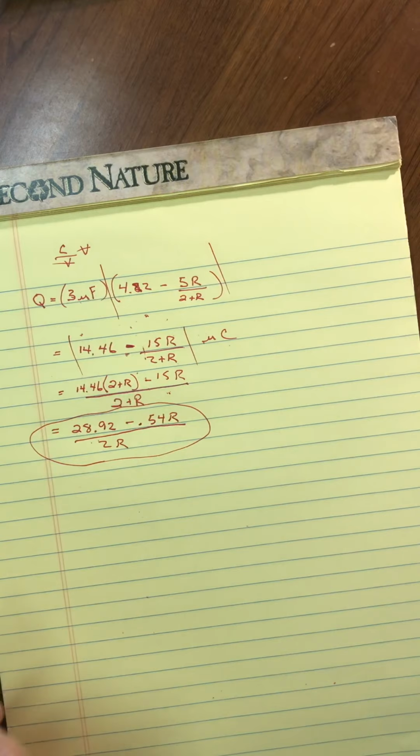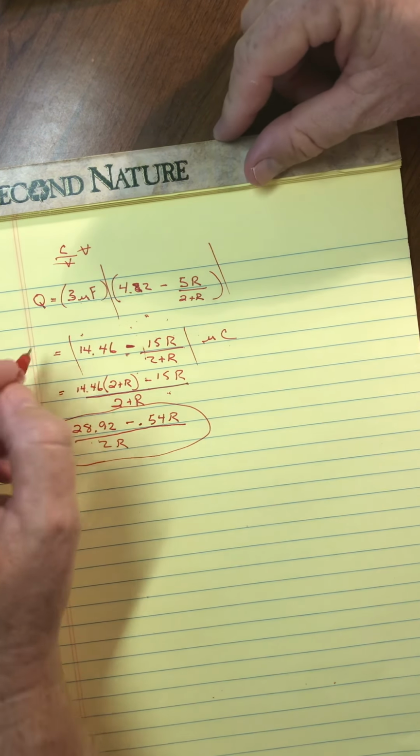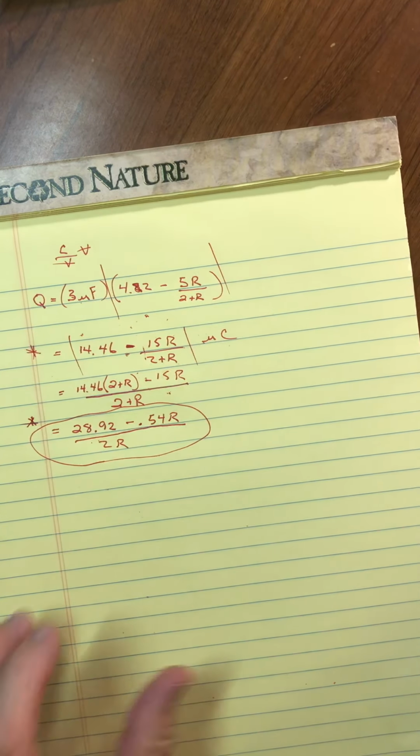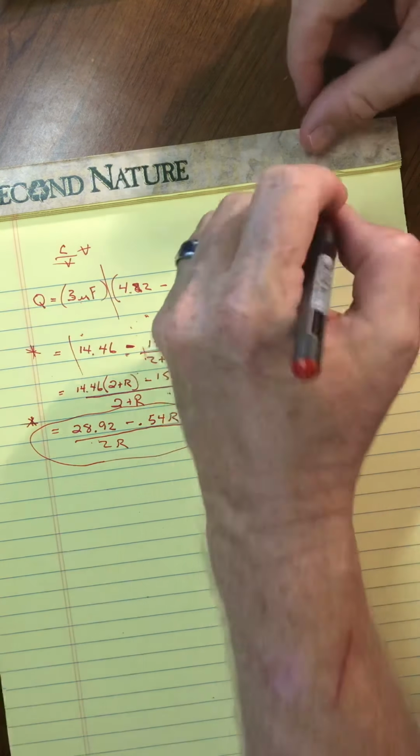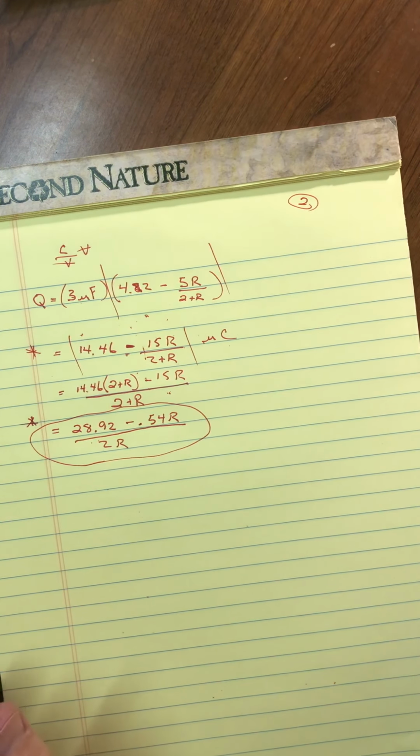Let me just look at your author's solution. Yeah, that's what he has. Okay, so if we want it in that form or that form, whichever is the most convenient, page 2 here, this is really the answer to part A.